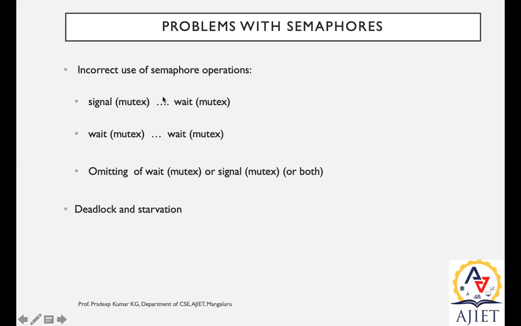The same value can be accessed simultaneously, signal and wait, or wait can happen with the same processes, or there is a chance of omitting, or there is a chance of deadlock and starvation. So these are the various problems that may occur with semaphores.